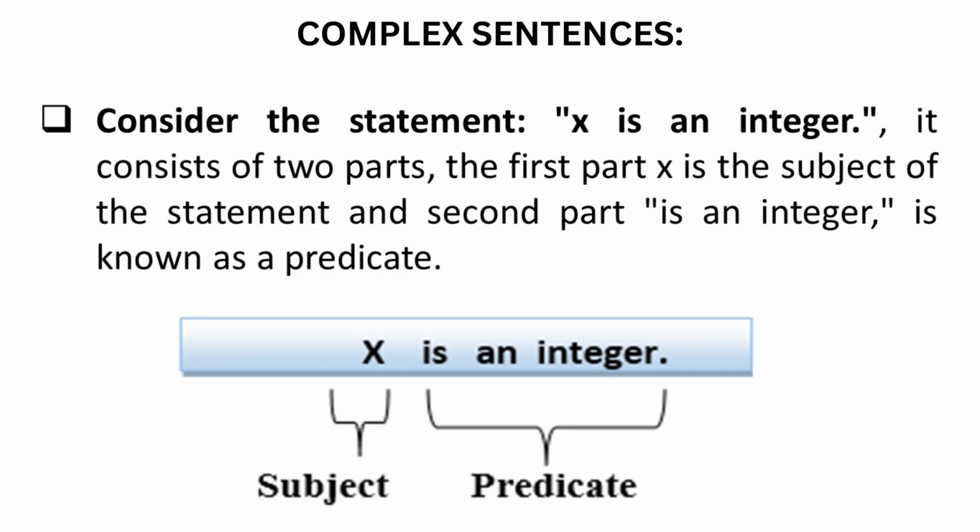The predicate is an integer, which describes a property or condition that the subject can possess. This breakdown demonstrates the structure of a basic statement in first order logic, where the subject and predicate work together to convey information about the properties or relationships involving the subject.